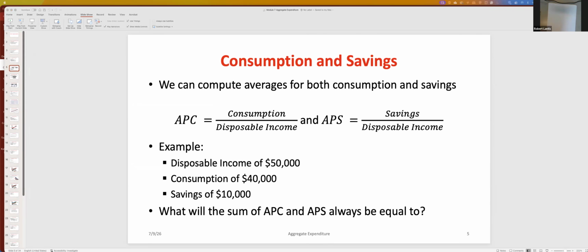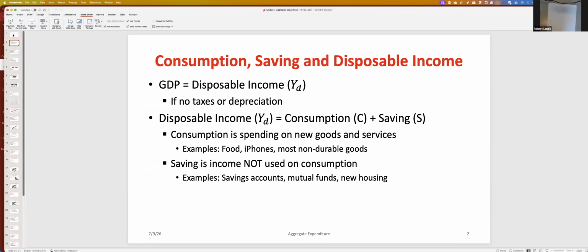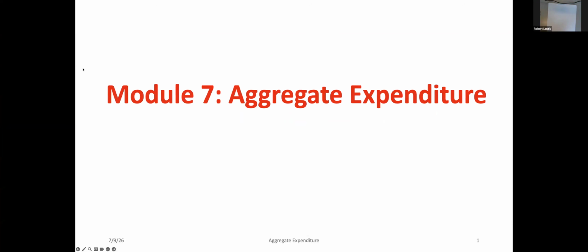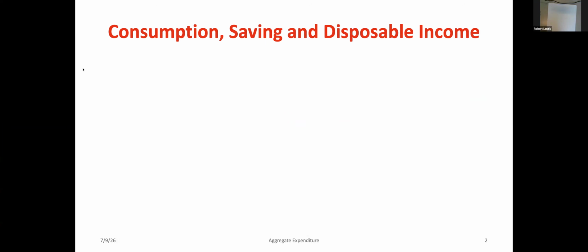So what do we want to work through first? Before we get to thinking about what these changes are going to be, here's module 7. We'll take a different approach here and think about what our disposable income is. So if we've got disposable income, this is going to be the overall, sorry.